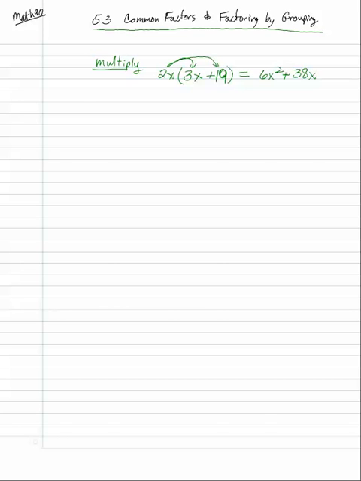So going that way is multiplying, and this is the distributive property. So going this direction would be multiplying, and going the other way we would say is factoring.